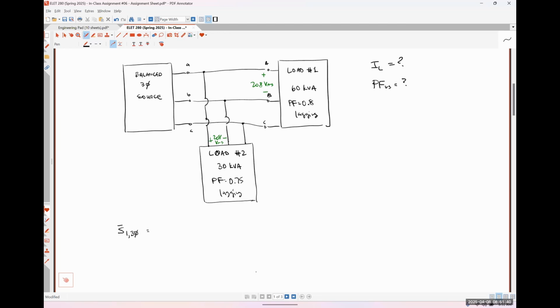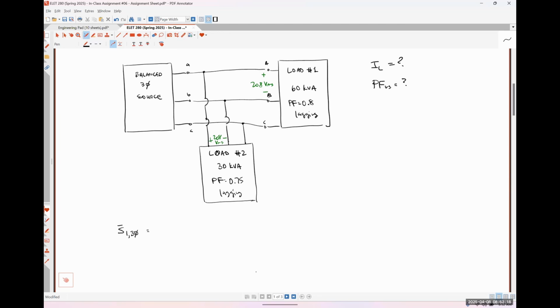I'm like 97% sure I asked you guys to do calculations like this in homework set number one, problems, I think 2 and 3. So something over power factor, and then an angle of the inverse cosine of the power factor, right? So that something over power factor is average power, okay?